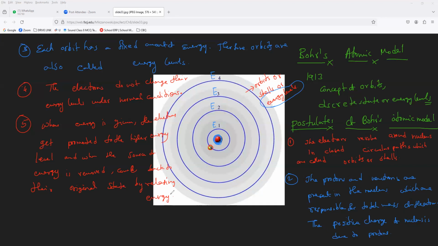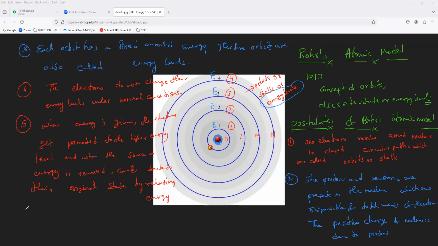Next. The energy levels can be designated by the numbers 1, 2, 3 or 4, or we can use designated letters like K shell, L shell, M shell and N shell. K, L, M, N, or 1, 2, 3, 4. So that is what the energy levels are.